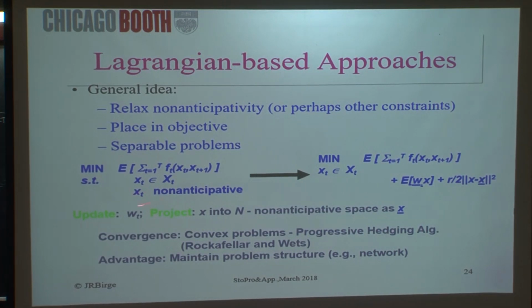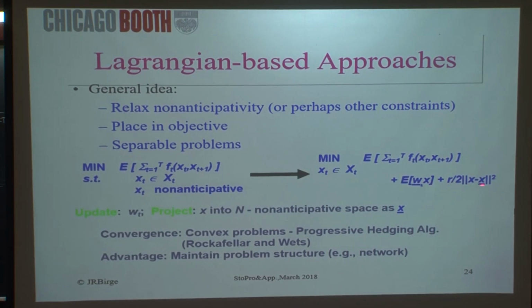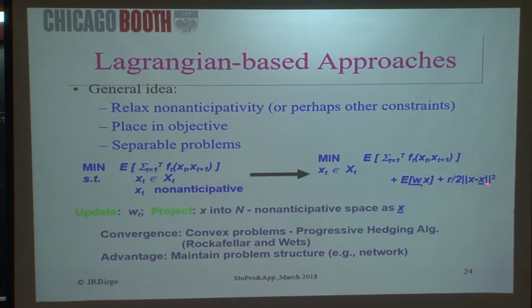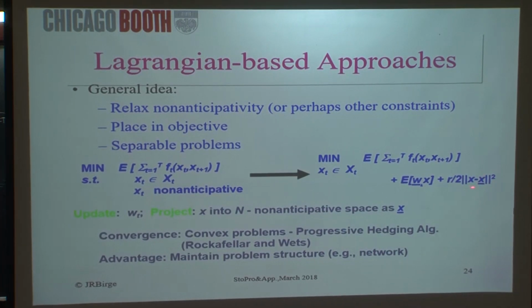I take the x and I put it into the objective, so effectively I'm going to have those multipliers times x as part of the objective. Now, I'll also put in a term, so this is an augmented Lagrangian method. I'll also put in a term that penalizes the deviation of x from a feasible solution, or from a prior solution.